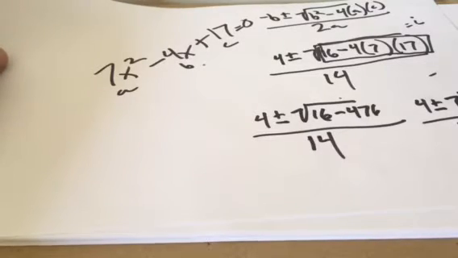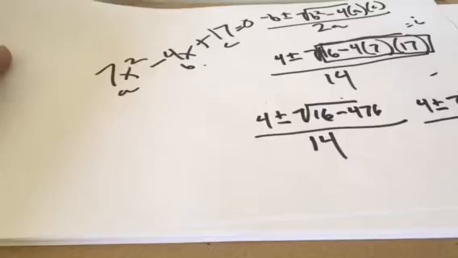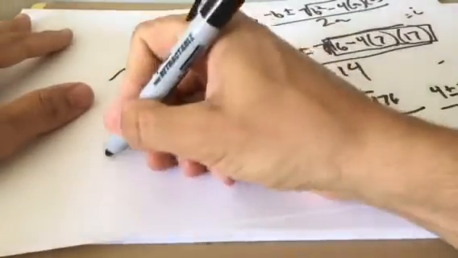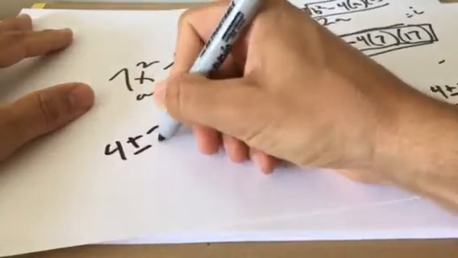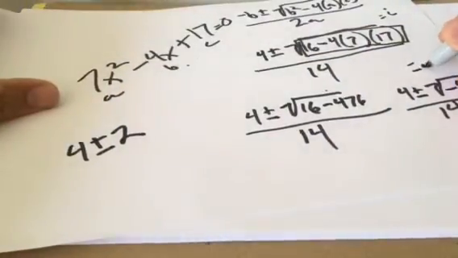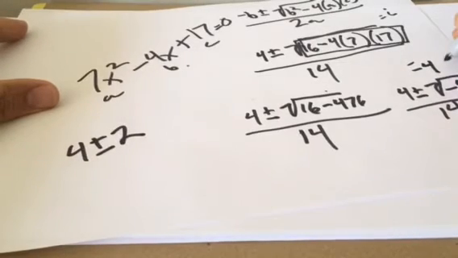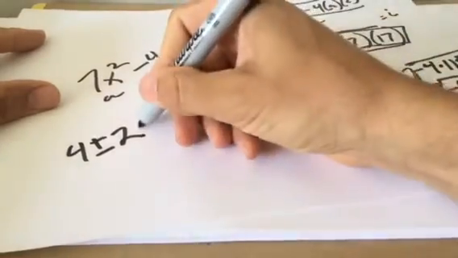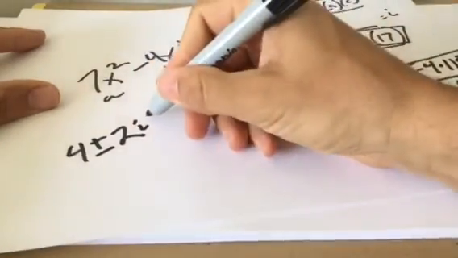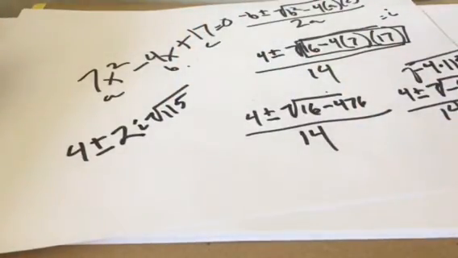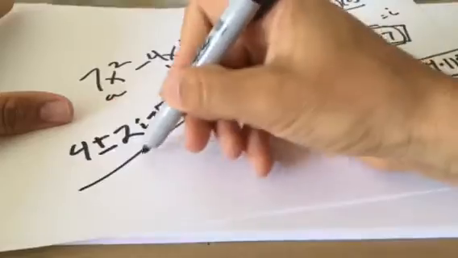It'd be 4 times 115. 115 does not have any kind of factors, so we go 4 plus or minus 2, because this right here would be a negative 4 times 115. Negative 4 has a square root, which is 2i, times the square root of 115, which does not have any perfect square in it, over 14.